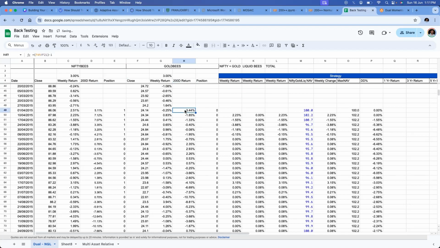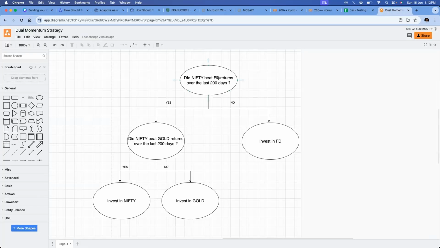Okay. Now that we've got the 200-day return for both Nifty BeES and Gold BeES, let's go ahead and do this comparison using this logic. Now the logic here is, if Nifty is greater than gold and if Nifty is greater than FD, invest in Nifty.